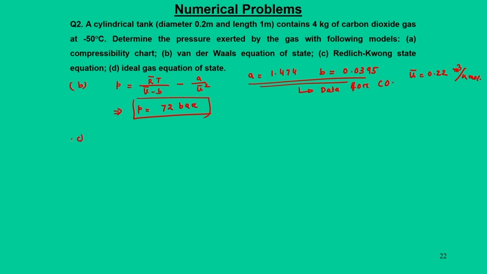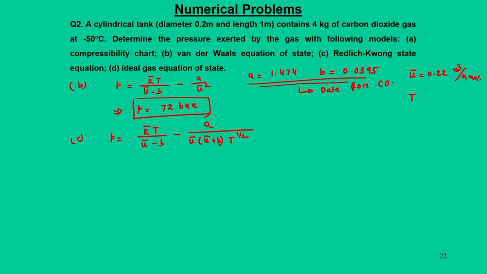Third one is Redlich-Kwong equation, that says P is equal to R bar T divided by V bar minus B, minus A divided by V bar into V bar plus B into T to the power half, and we all know all the values.